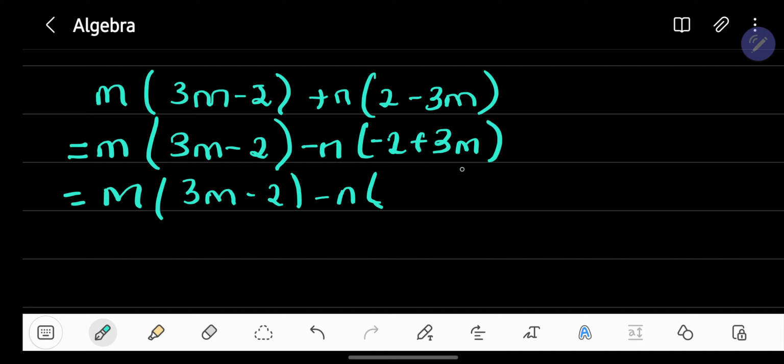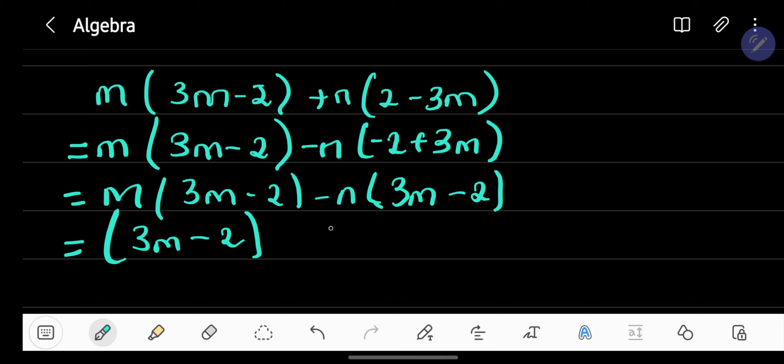In this bracket, now you are going to start with the positive one, which is the same as 3m minus 2. Then you will notice that you have the same bracket now. You have 3m minus 2, 3m minus 2. So 3m minus 2 is common on the first term and second term. You take 3m minus 2 out as a common factor, right?